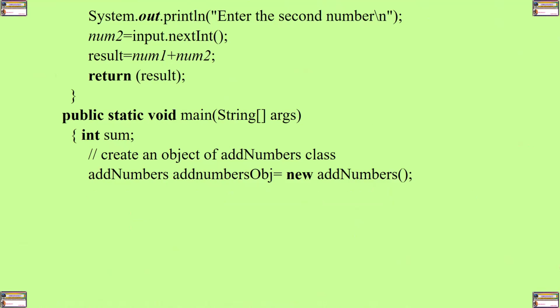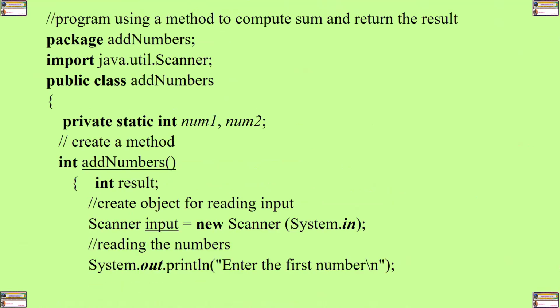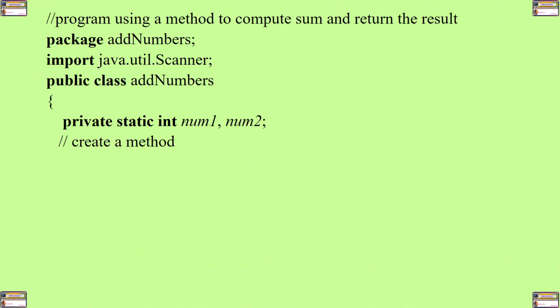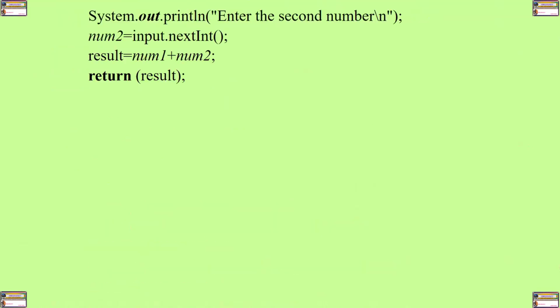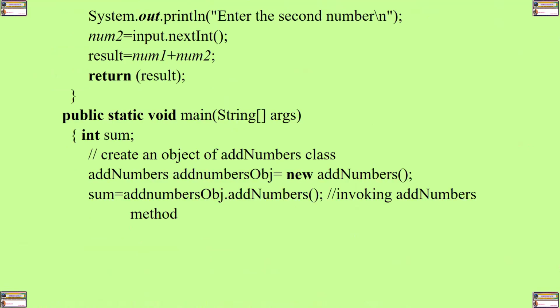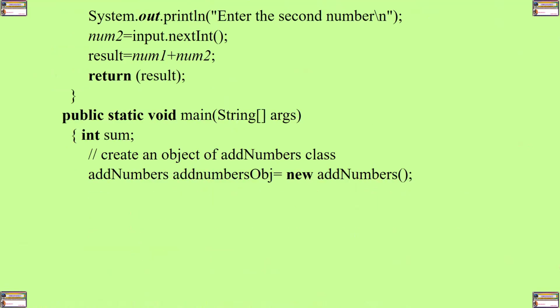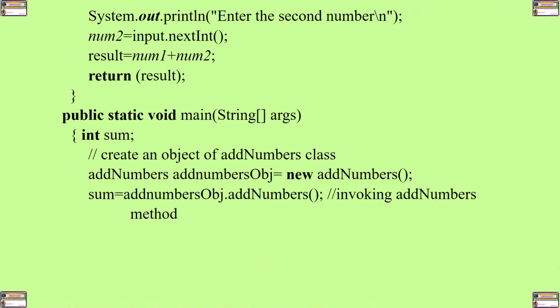And when the compiler encounters this statement, it will go to the method and perform the tasks there. Remember, it will go to the class, then go to the method, perform all the tasks there, and then return the value result. So this value will be brought and assigned in the memory location called sum.